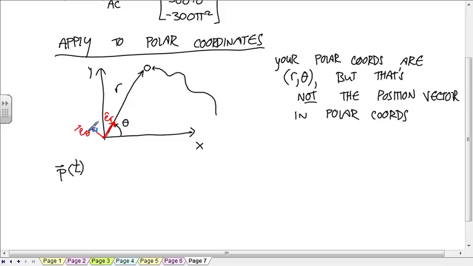And then how far do you have to go in the e_theta direction? Zero. So this is just r e_r plus 0 e_theta, or I'll write this as components (r, 0).